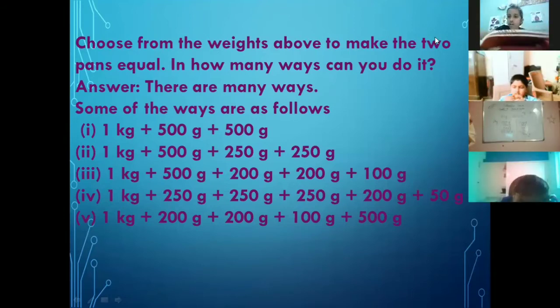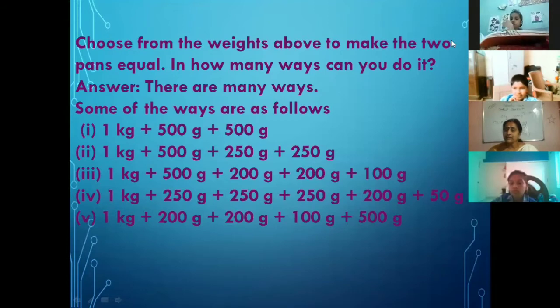Children, any doubt in this? No, ma'am. Children, do you remember in class 3 you did an activity on addition? Can anyone from the class add any two numbers to make some number?